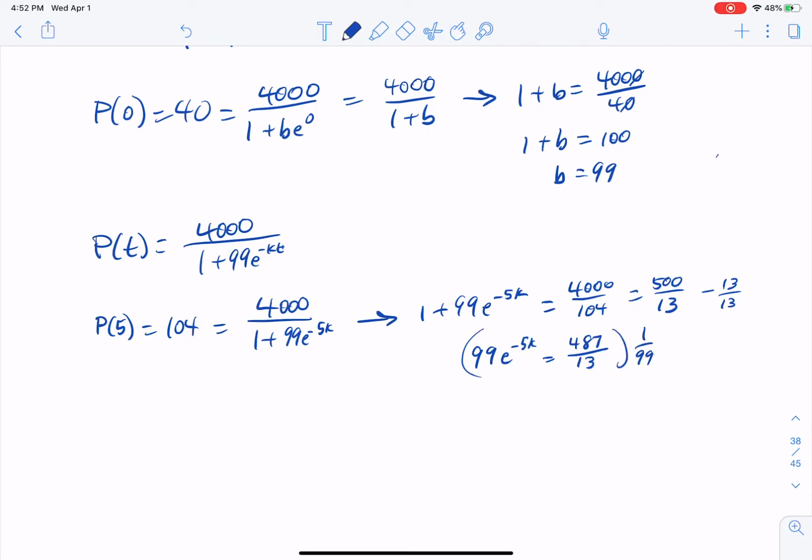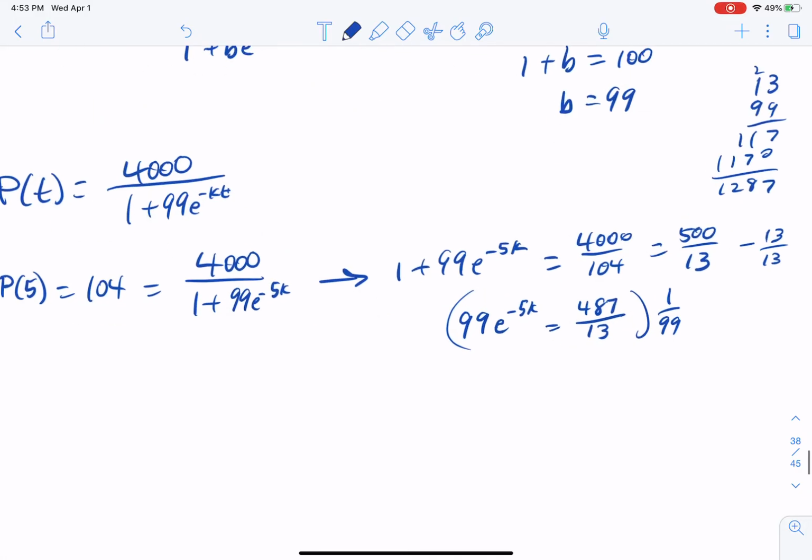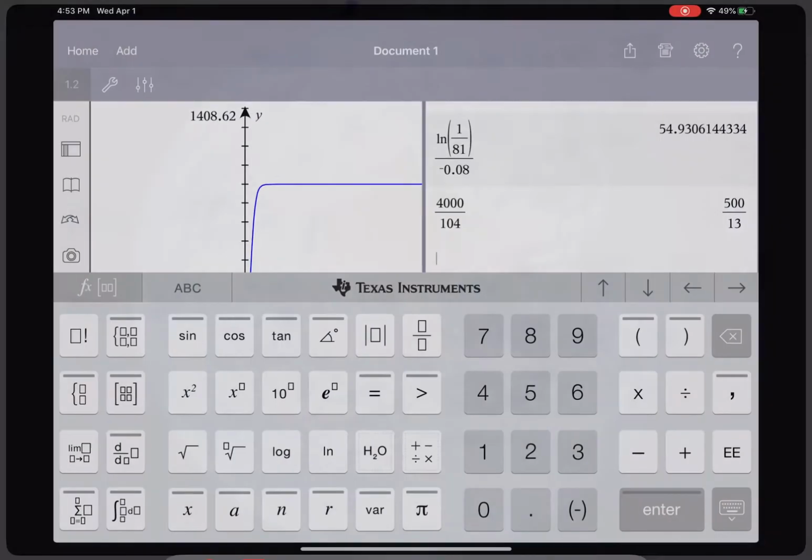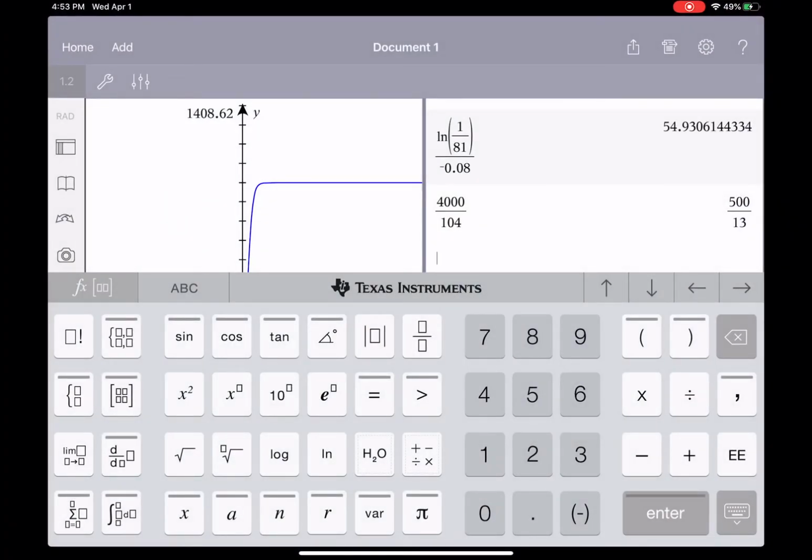So I just need 13 times 99, which is 1,287. So I have e to the negative 5k equal to 487 over 1,287. Sorry, this just seems weird. Let me double check my arithmetic. All right, so subtract 1. Bam, that looks right. And then divide by 99.